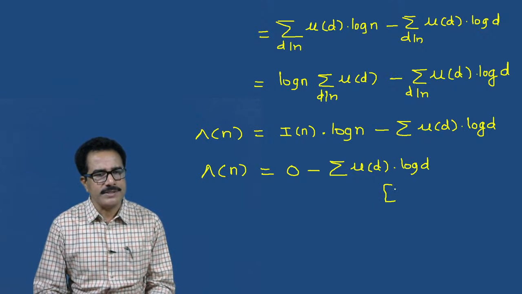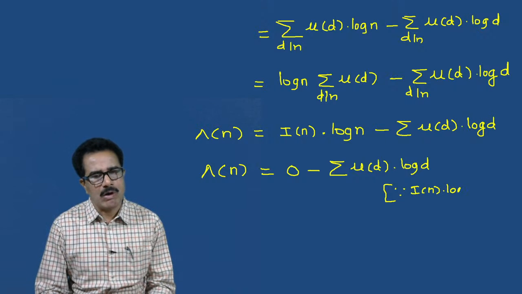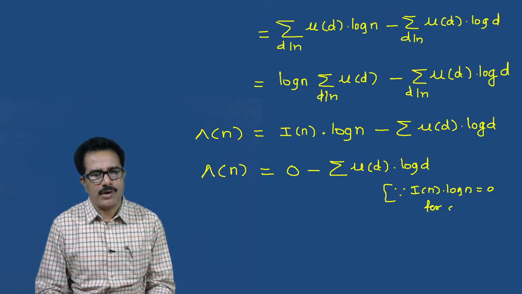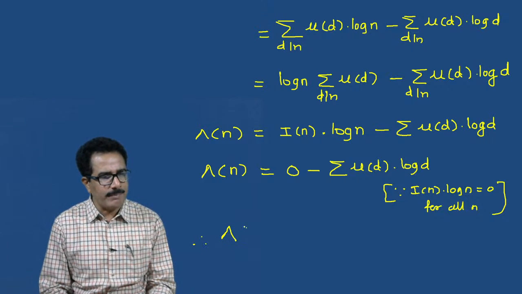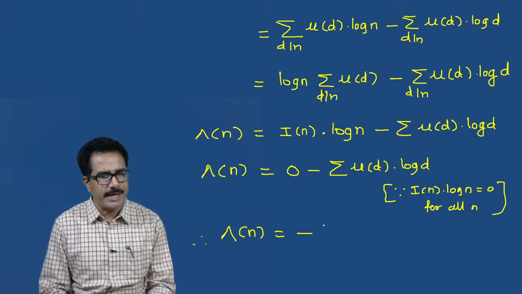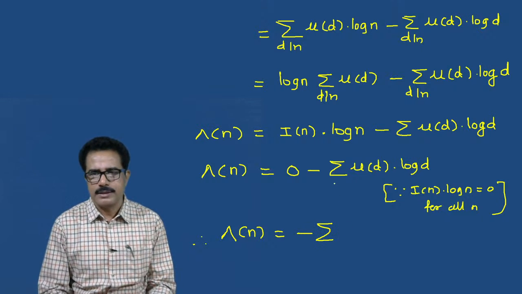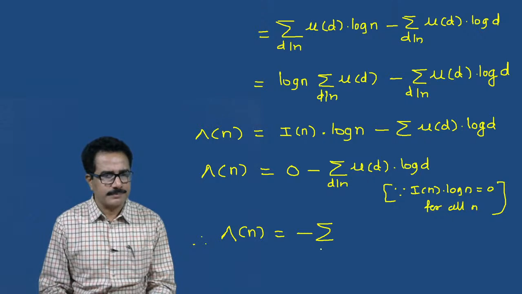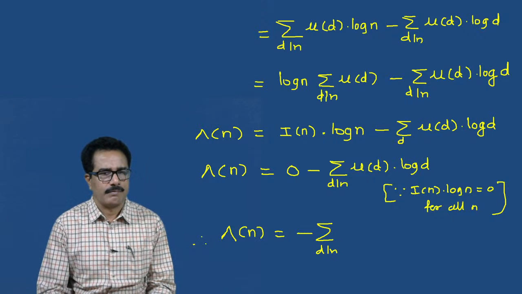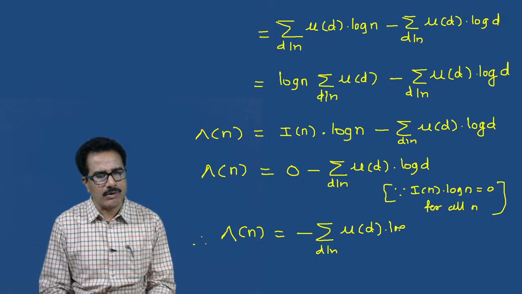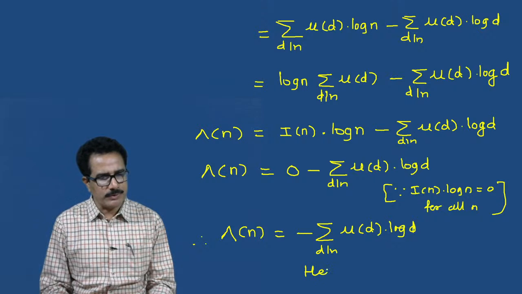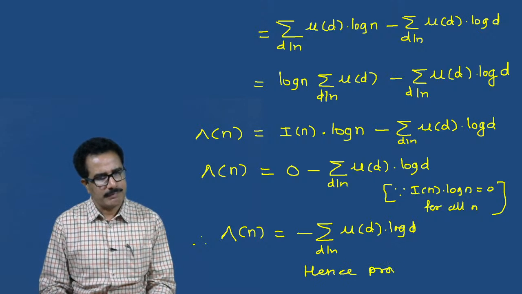Give the reason here: since I of n into log n is equal to 0 for all n. So we get the result: lambda of n is equal to minus summation over d divides n mu of d into log of d, and hence proved.